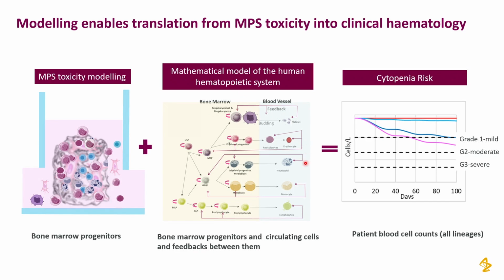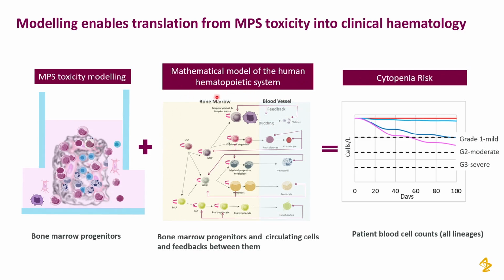Also, within the circulating cell compartment, we have implemented feedback mechanisms from the mature cells to their progenitors. These are the mechanisms that explain why, if you train at high altitude, you will get a higher number of red blood cells in circulation.